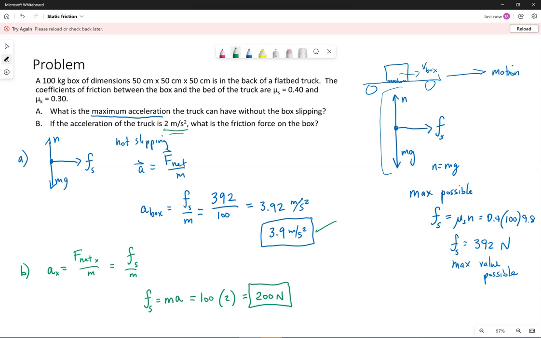This force is whatever it needs to be in order to give the box the acceleration it has. But we do need to know first that the friction force is not exceeding the maximum possible value. So kind of a multi-step thought process.